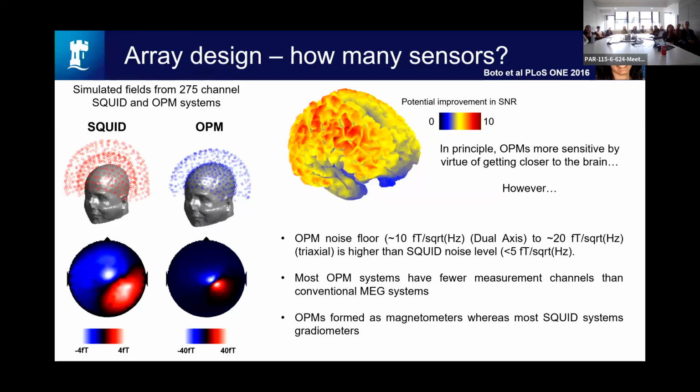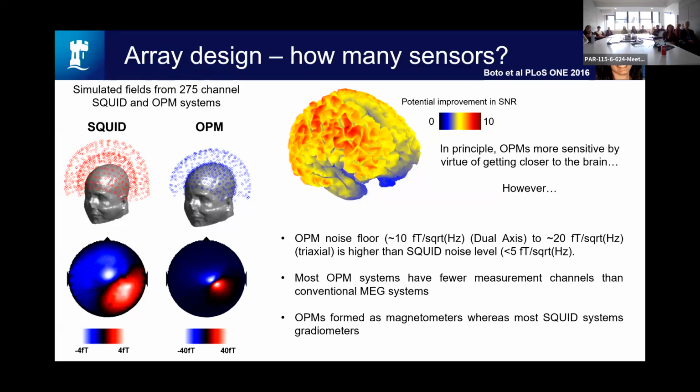And also OPMs are magnetometers, whereas, as you said, you've got gradiometers in most SQUID systems. I'm not sure how many people here know what the difference between magnetometers and gradiometers is. So you want to be as sensitive as you possibly can be to the brain. And the magnetic field from the brain will fall off very quickly with distance. So one way to make yourself more sensitive to the brain is, rather than measuring the magnetic field at the head, you measure the magnetic field gradient.